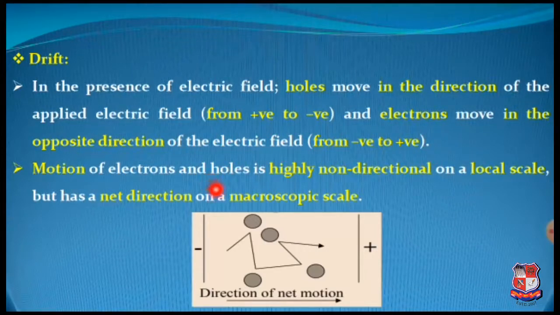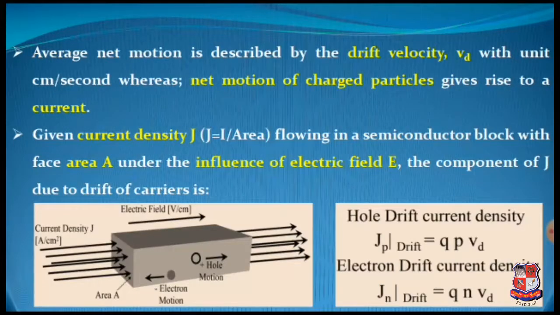Motion of electrons and holes is highly non-directional on a local scale, but has a net direction on a macroscopic scale. So here, as you can see, the net direction of electrons and holes is towards the direction of the applied electric field. Average net motion is described by the drift velocity.